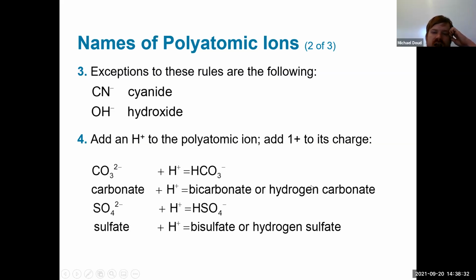Now this is known as hydrogen carbonate. The old word for it is bicarbonate, but you can just remember hydrogen carbonate. Sodium bicarbonate, for example, is baking soda. Sulfate is SO4 2-. If you add an H+ to it, you get HSO4-, and that is also known as hydrogen sulfate.